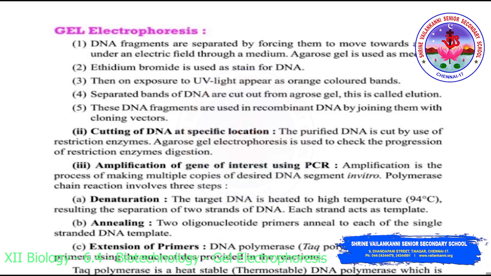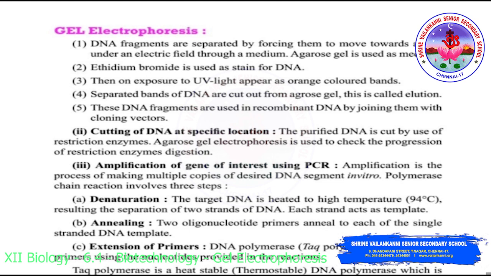The DNA fragments are separated by forcing them to move towards the anode under an electric field through a medium. Agarose gel is used as the medium. Ethidium bromide is used as a stain for DNA, which on exposure to UV light appears as orange colour bands.